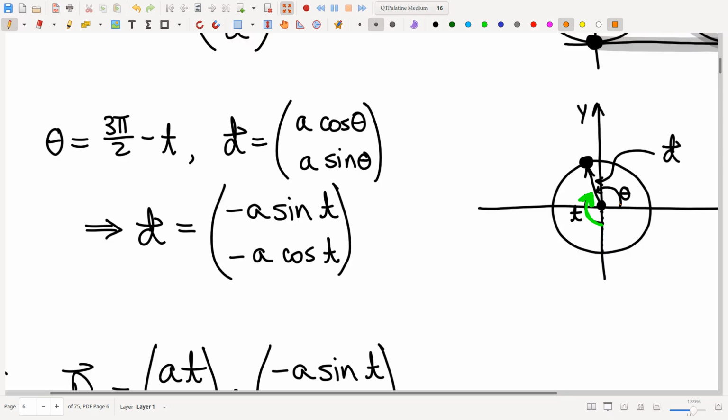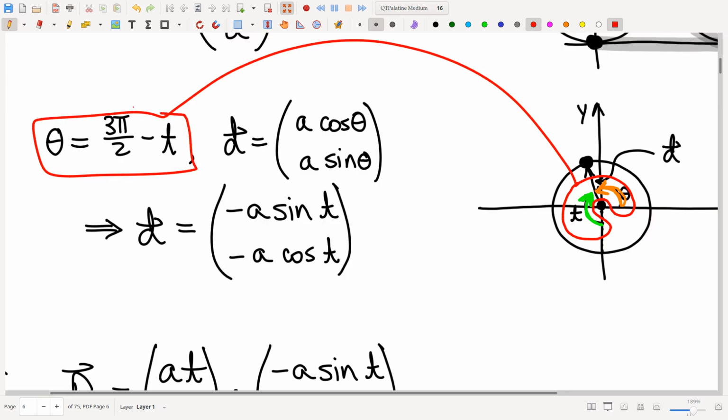The polar coordinate angle is measured like this. That's our theta. Between the two of them, they add up to 3 pi over 2. So as T increases, this theta angle is decreasing.